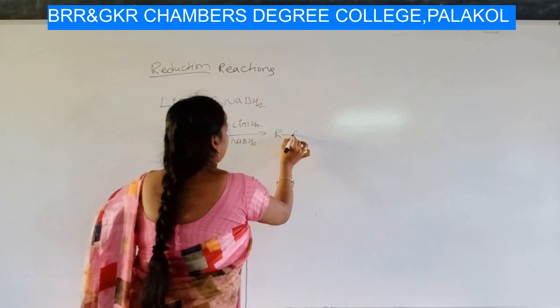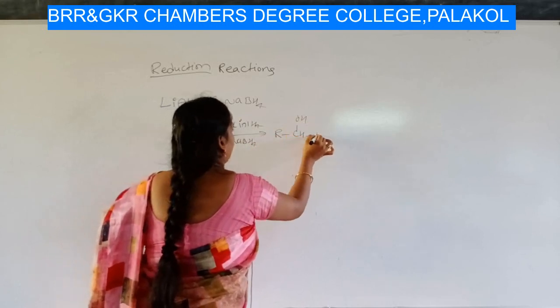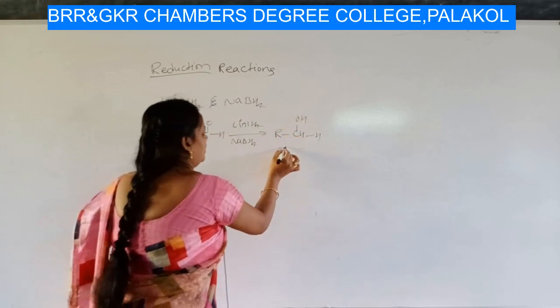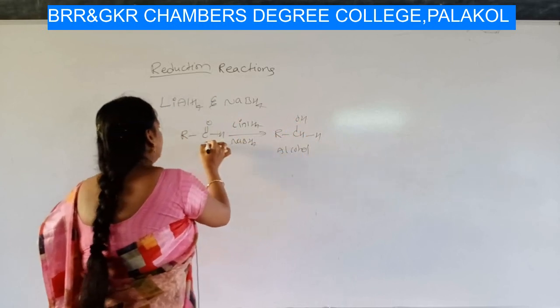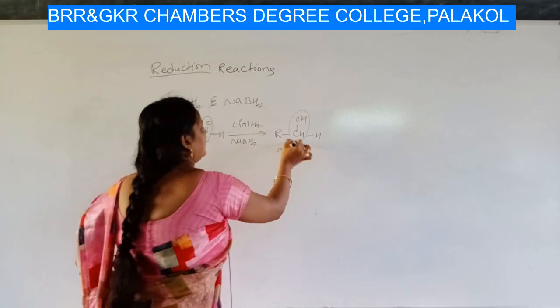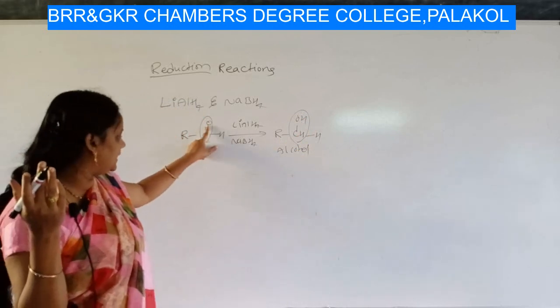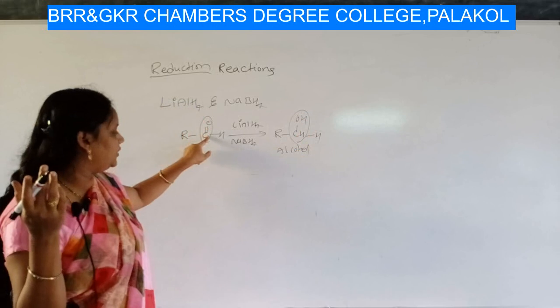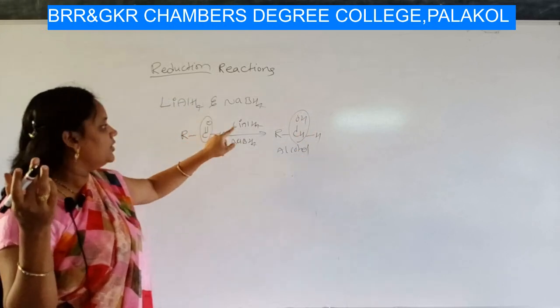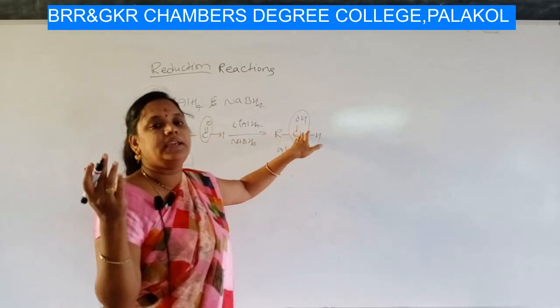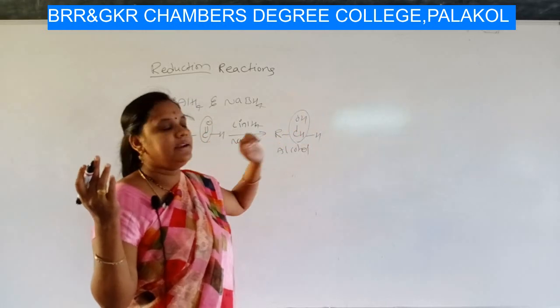You will get RCH2OH, an alcohol. What is happening here? C=O is getting converted into CHOH. Here the double bond is removed and hydrogen is added to the carbon and oxygen, so you are getting RCH2OH.